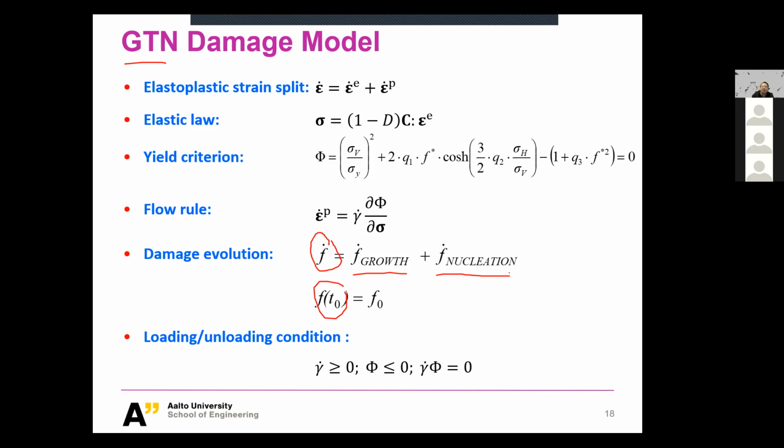The new void nucleation also contributes to the void volume fraction. These are the two important equations, and you also have the equation you saw before, which is degradation, and the yield criterion. I will not tell you about that because it is beyond your current knowledge. But for these two important ones, you got the point.